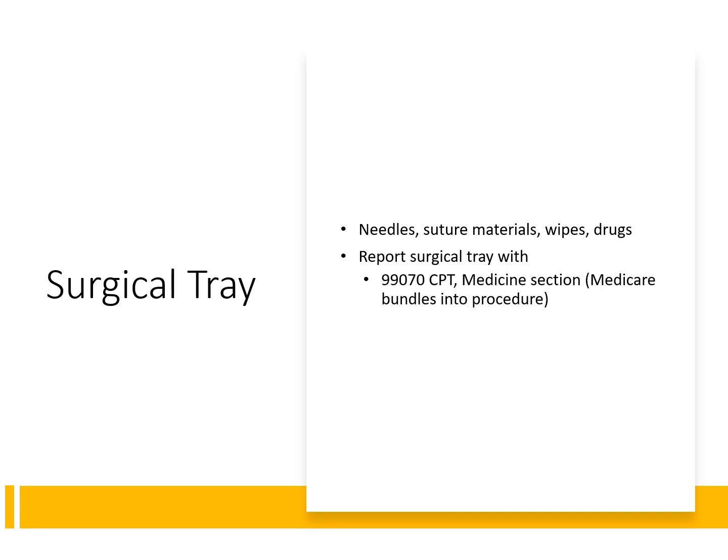Medicare bundles the surgical tray into the procedure code, so you would not bill separately for a surgical tray for Medicare. A4550 is the HCPCS code for a surgical tray, and again, it's not reported separately to Medicare.